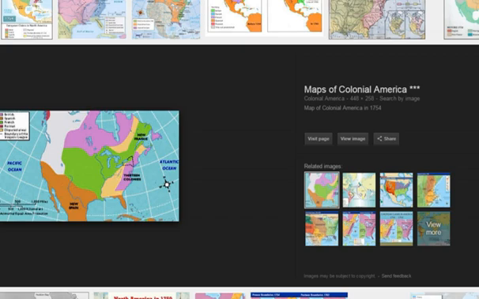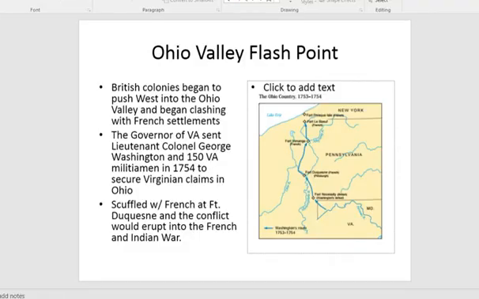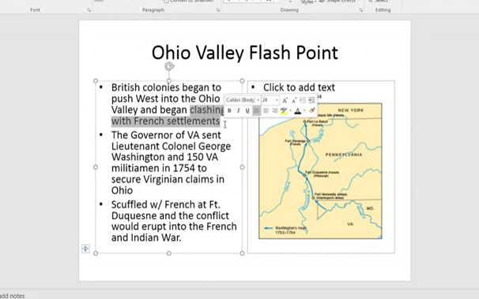And the British settlers, of course, because they're always looking for more land, and people are coming over because that's the way of social mobility to move up. They want that land, so they start pushing in. And there's going to be a clash with the French settlements that are there.